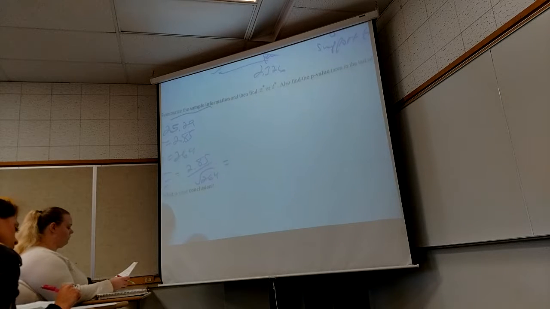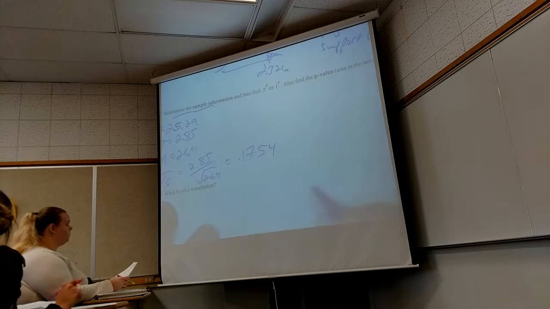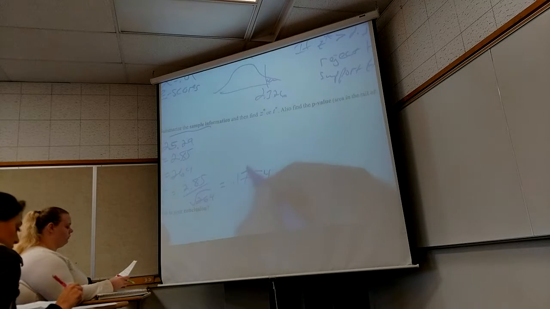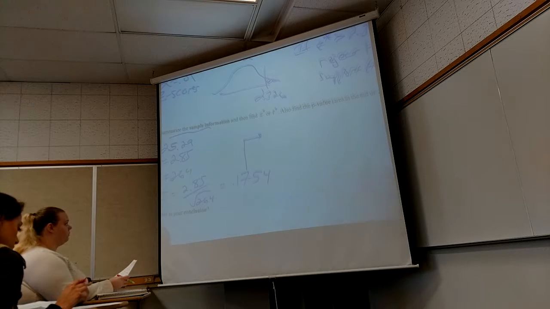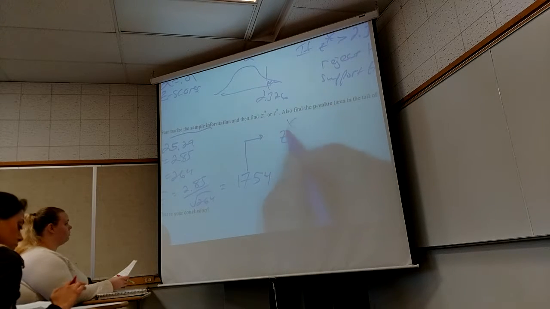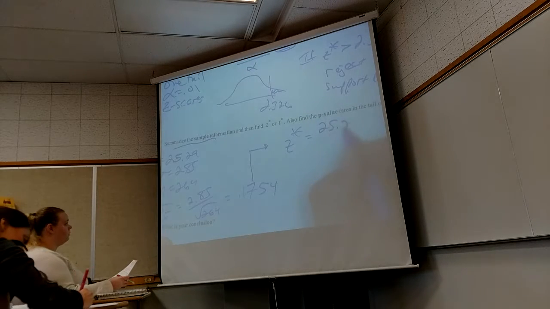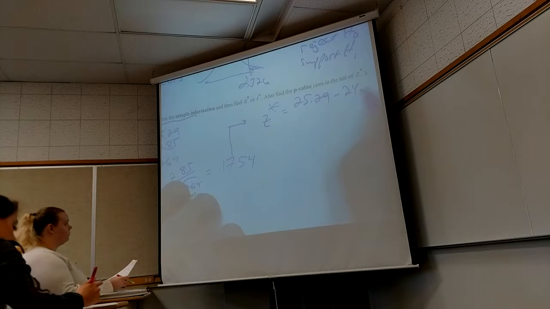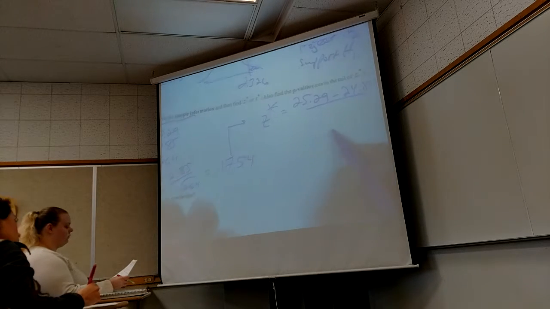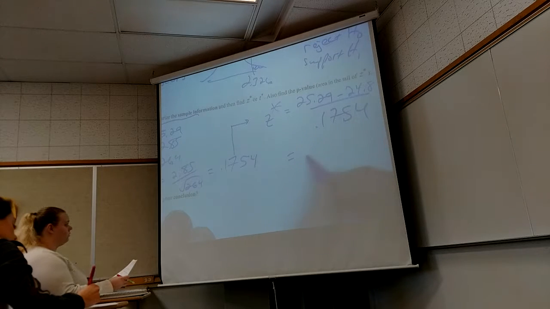And what do you get for that? 0.1754. If you said 0.175, you're fine. You said at least 3 places, so 4 is even better. So Z star is always our data minus the supposed middle divided by the new standard deviation. I think you should get 2.74, right?